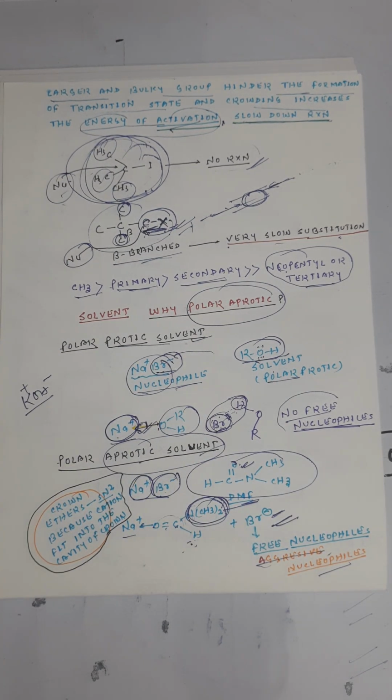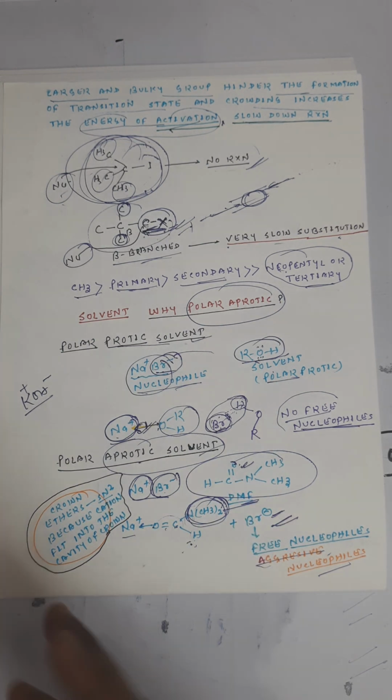Clear? So students, what happens? Suppose someone says that you can't do anything in your life and your ego is hurt, and you take the challenge and accept it and do something. It means when someone hurts your ego, you become so aggressive to do anything. Exactly, the more aggressive the nucleophile, the more easily the substrate, the reactant, forms the product.